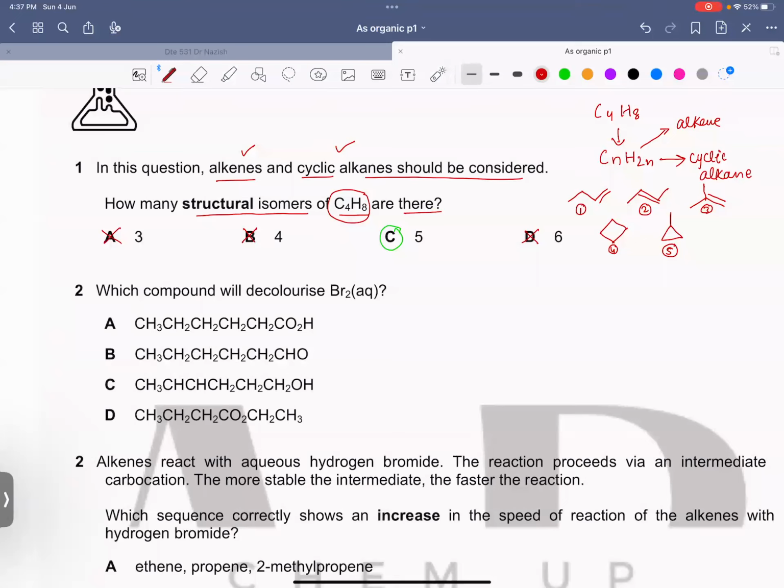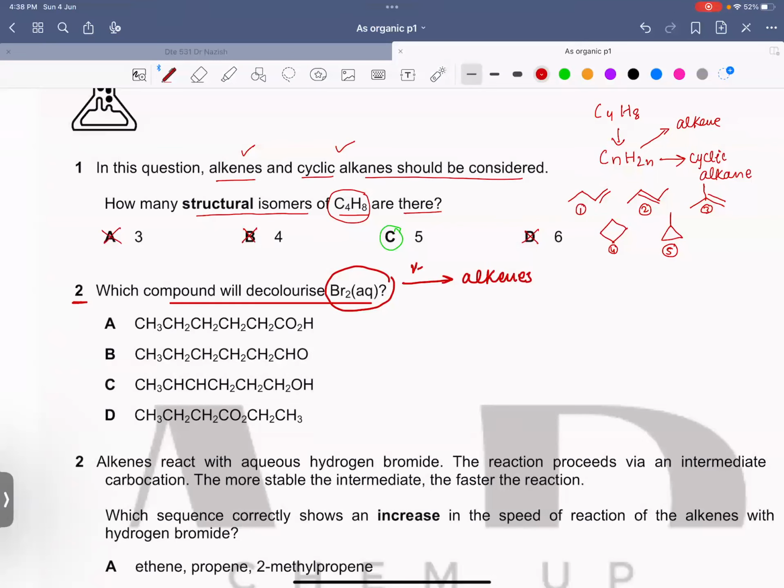Now, question number 2. Which compound will decolorize aqueous bromine? Okay. So if you recall, among all the organic compounds, aqueous bromine can react with alkenes only.